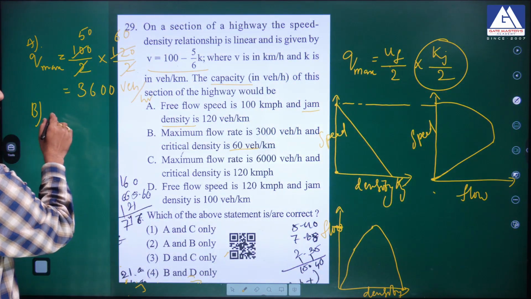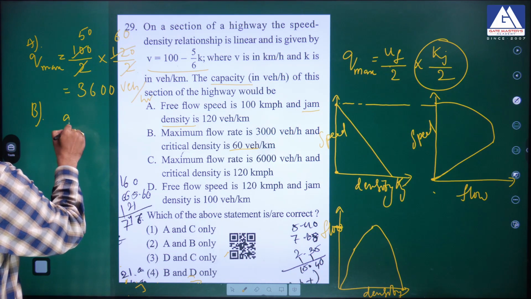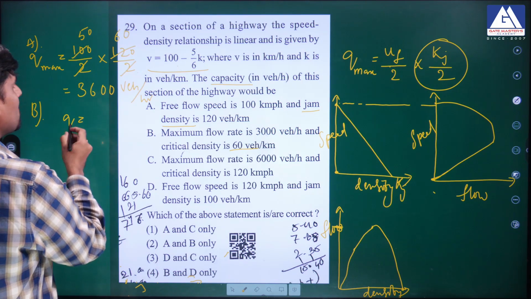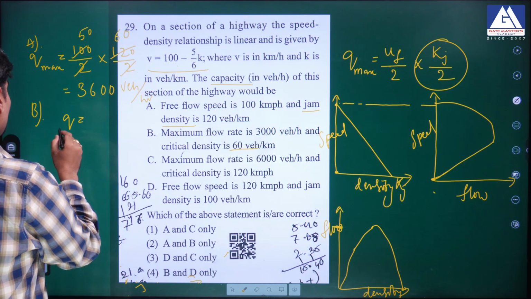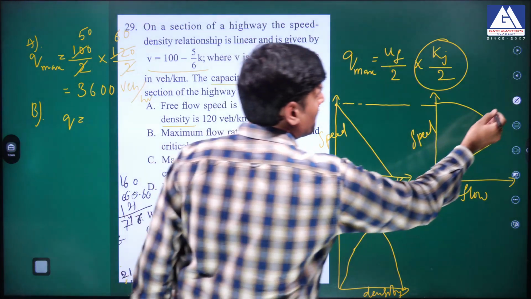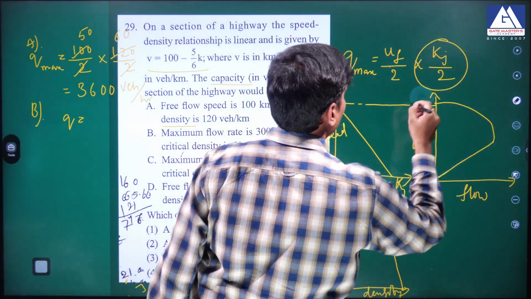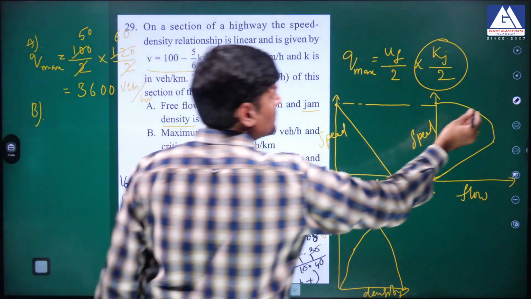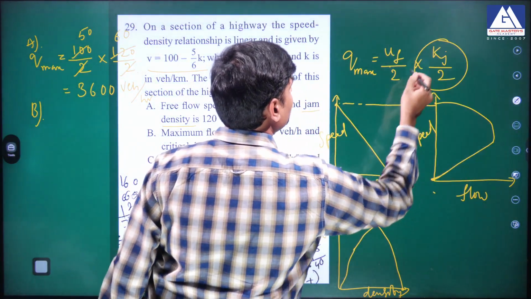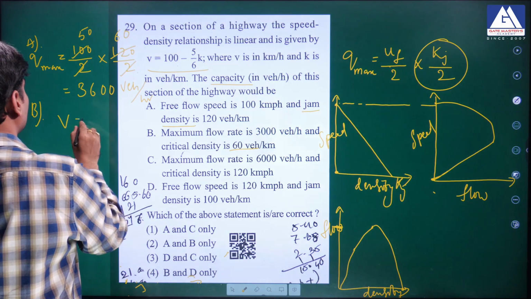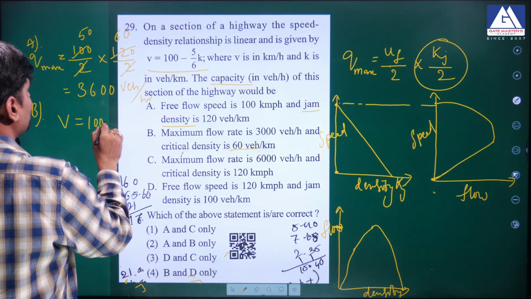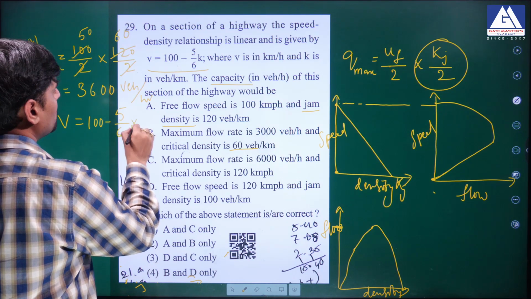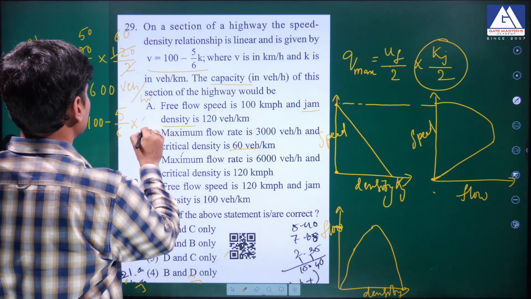From this relationship, here V is not given. Here V is not given. So one has to calculate V from this relationship. The relationship that is given is 100 minus 5 by 6 into 60.